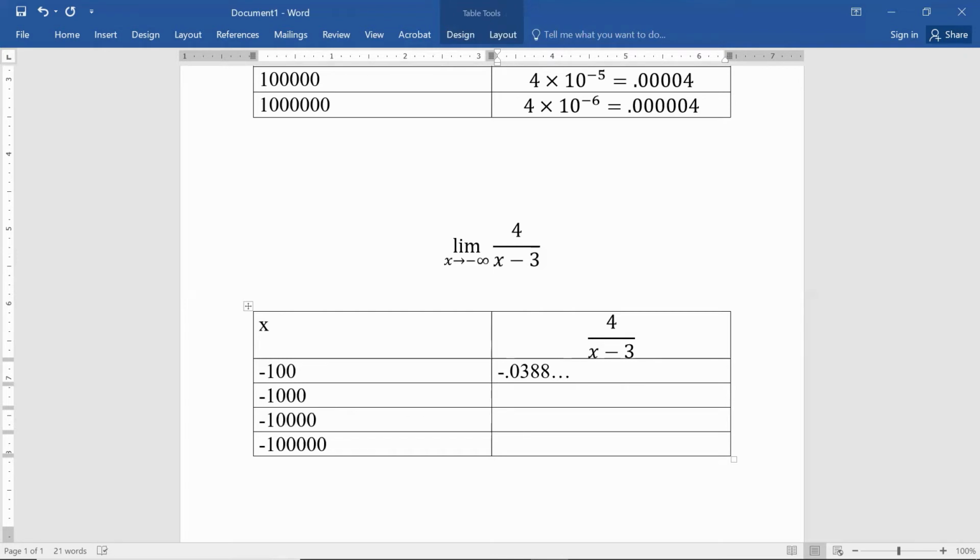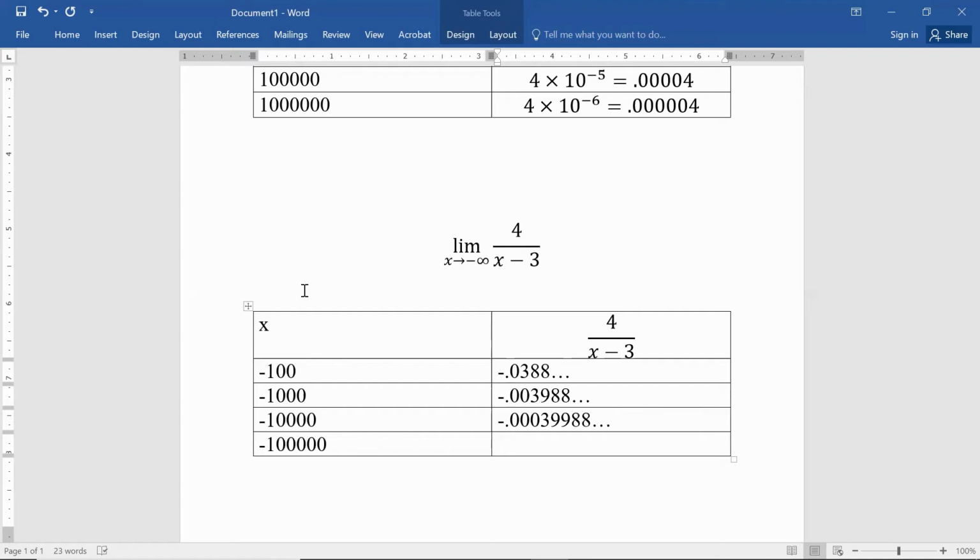When you plug in negative 1,000, you get negative 0.003988. When you plug in negative 10,000, then it becomes scientific notation, but it's negative 0.00039988. That's negative 3.998 times 10 to the negative fourth.